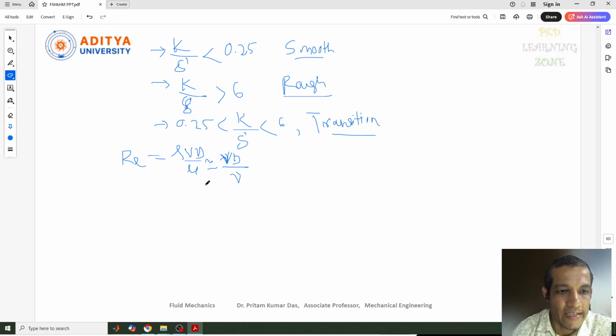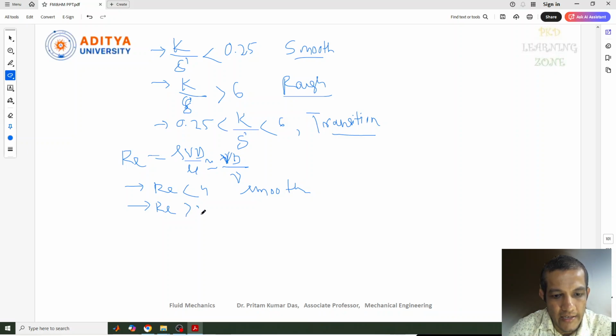For this condition, if Re is less than 4, the boundary is called smooth.